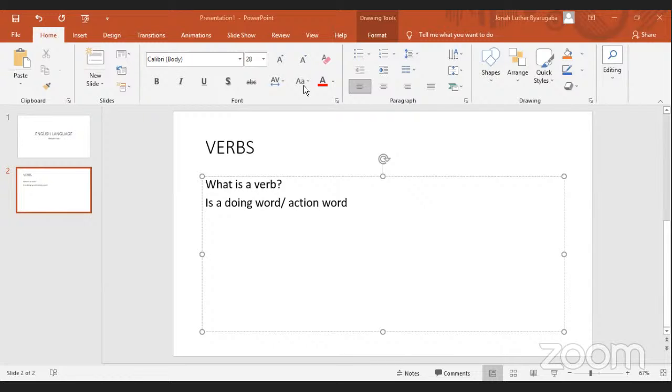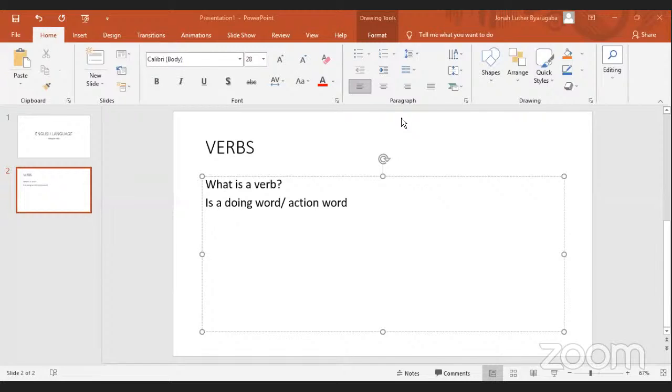So that is what we call a verb. A verb is that word which expresses an action.